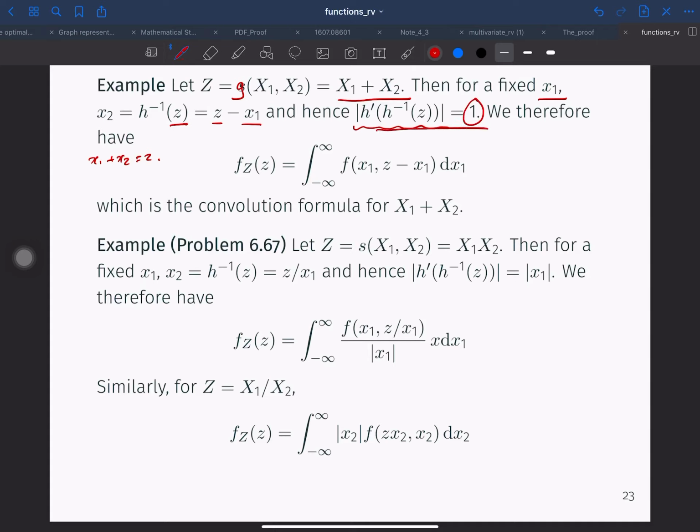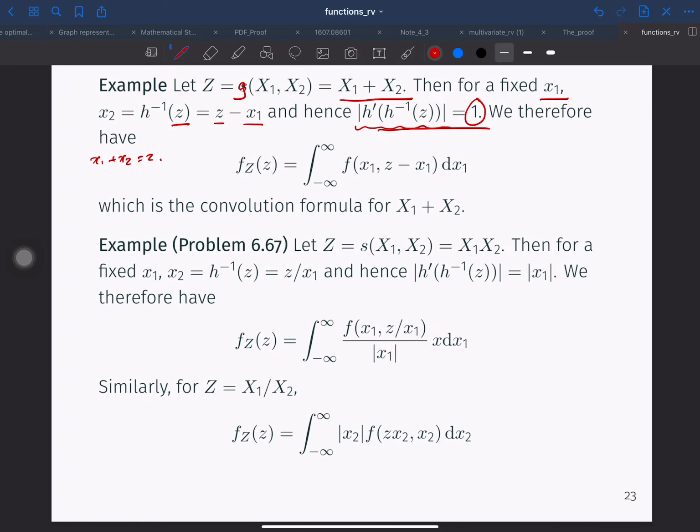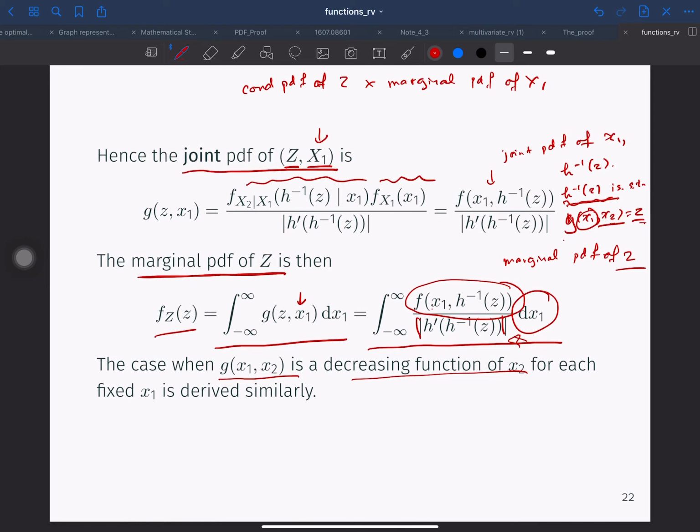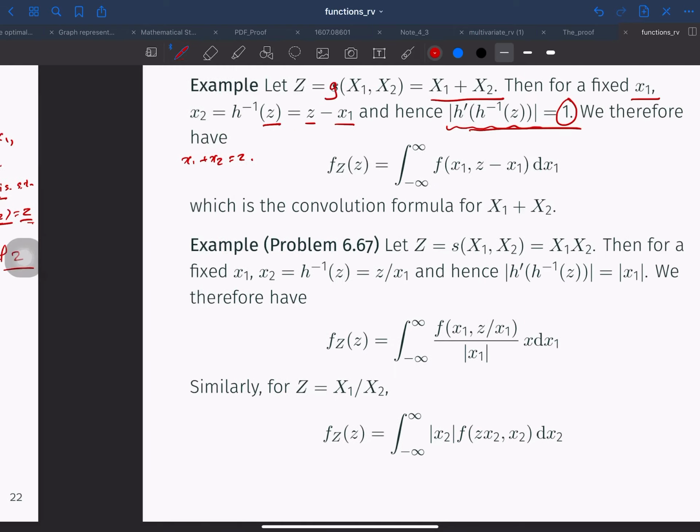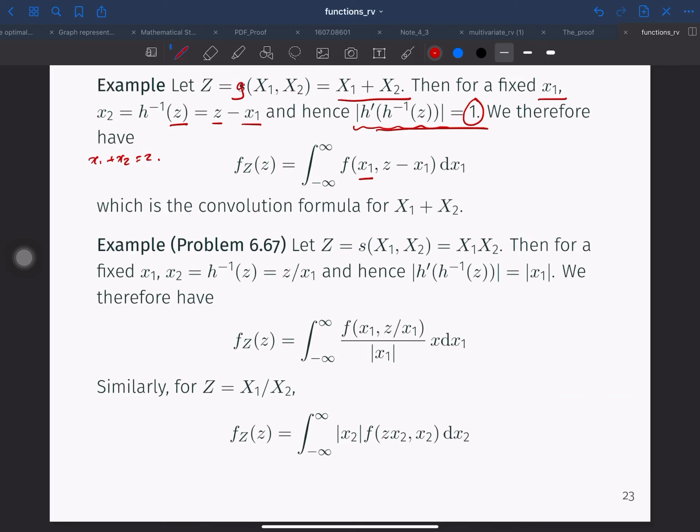So we replace the formula: we go back to x1, H inverse of z. That is simply x1 and z minus x1. And this quantity is 1, so there is no denominator. And that is nothing more than a convolution formula for x1 plus x2.